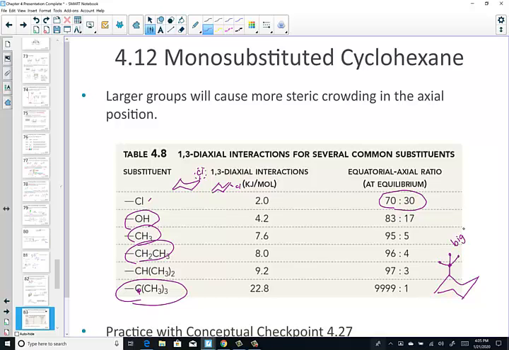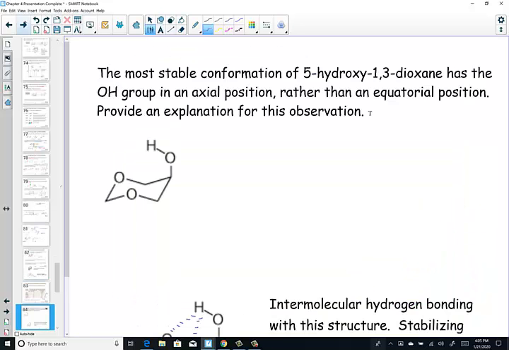That is a big, bulky group, and it creates all kinds of steric hindrance in the axial position. So you would not find it standing up on the flagpole. Instead, you would see it tucked along the equatorial position where it's out of the way. Alrighty, so it definitely prefers the equatorial over the axial. The bigger the branch becomes, the greater the steric hindrance.